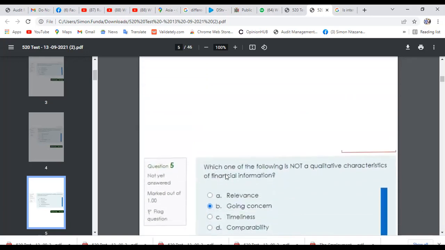Okay, then this one, number 5, which of the following is not a qualitative characteristic of financial information?